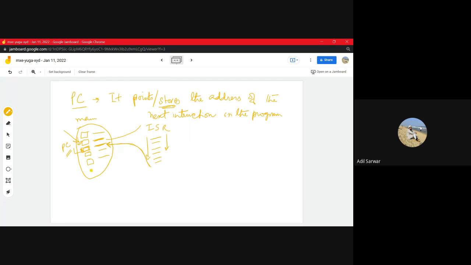Now come to DPTR, the data pointer. Okay, DPTR consists of two 8-bit registers, DPH and DPL, the higher 8-bit and the lower 8-bit registers.